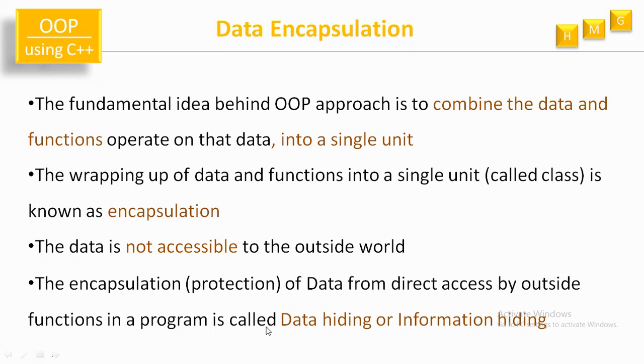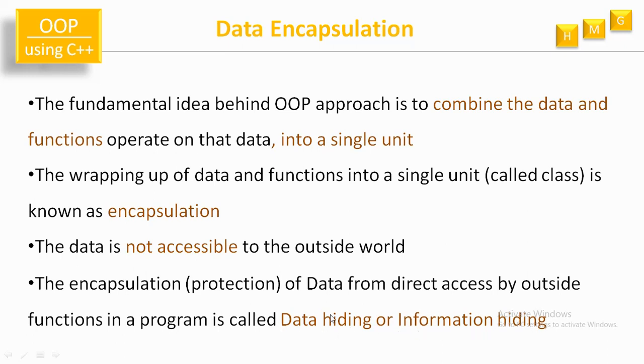That mechanism is called data hiding or also information hiding. So the encapsulation of data from direct access by outside functions in a program is called data hiding or information hiding. So now we can say that data encapsulation is used for data hiding or information hiding.